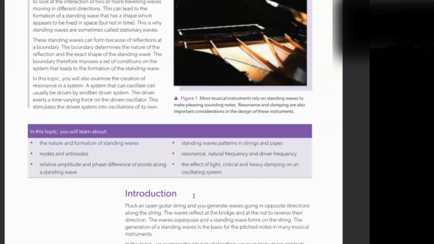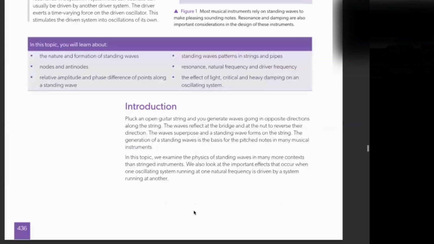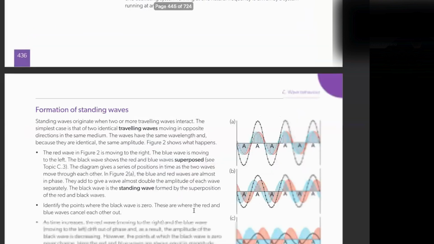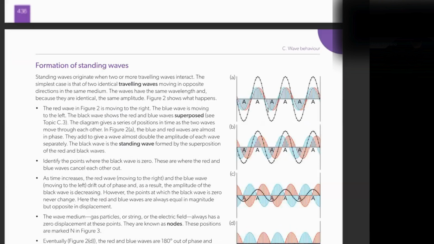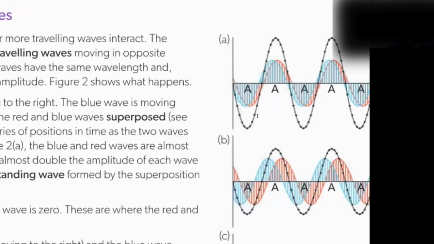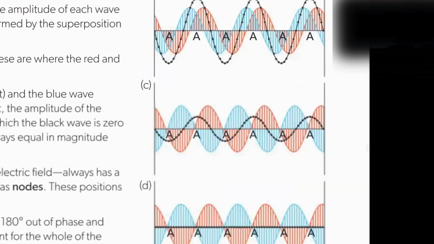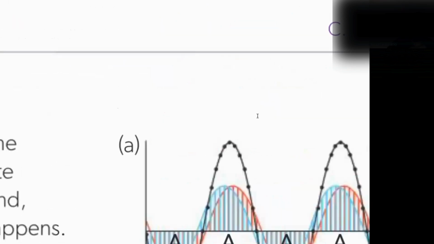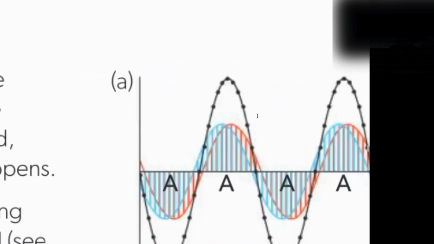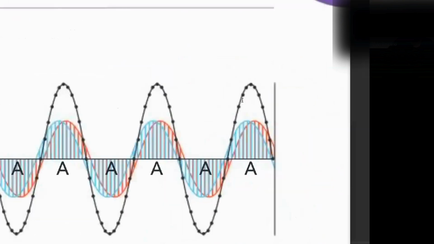Now you see the formation of a standing wave. Look, you have two waves here. Let us talk about interference. When crest and crest match, you have constructive interference taking place, and the resultant is going to have a higher amplitude, as you can see. Red color and blue color are two waves.